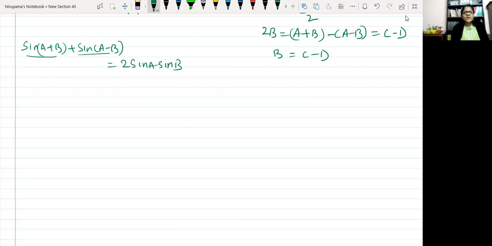Expressing sum of angles as a product, right? Anyway, we will be using these formulas from exercise 3.3. We will be taking some questions.